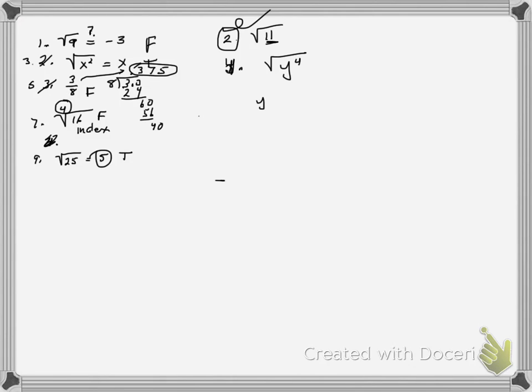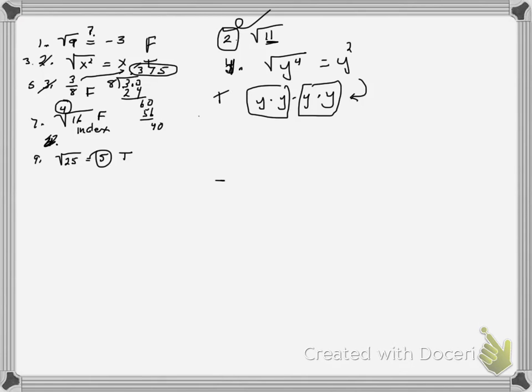You'd have to think about it a minute. Well, y to the 4th is y times y times y times y. If I broke it into groups of 2, y times y is y squared. So if I took y squared times y squared, I'd have y to the 4th. So that's also true.